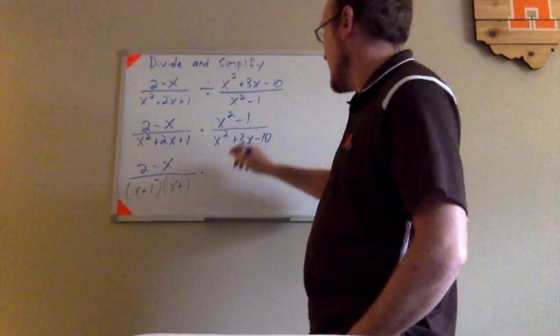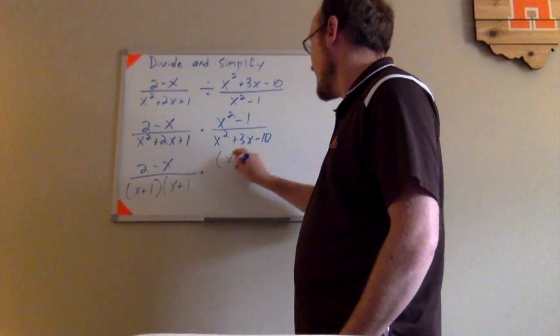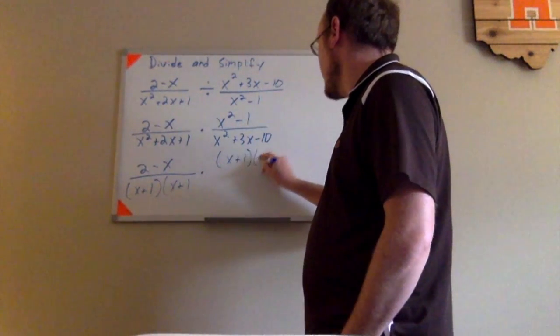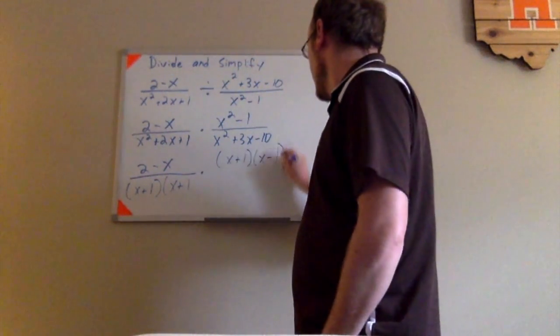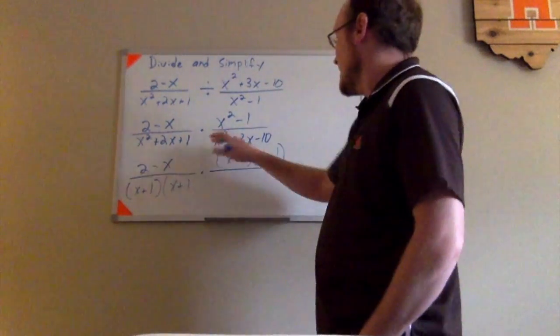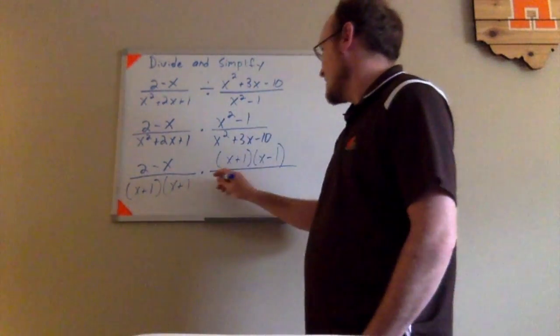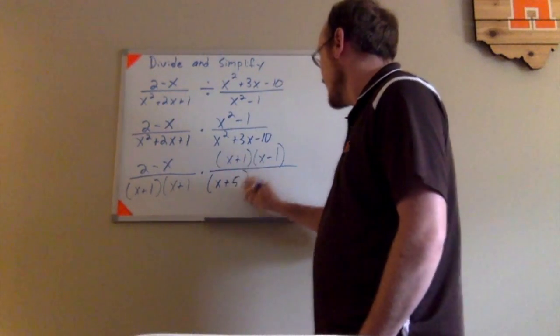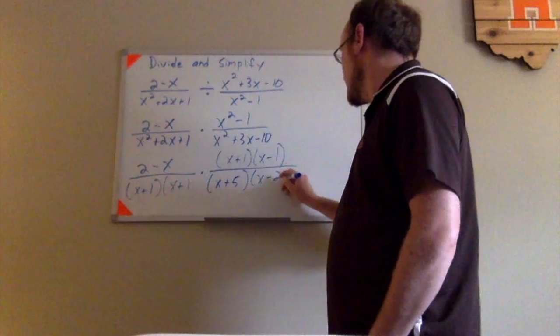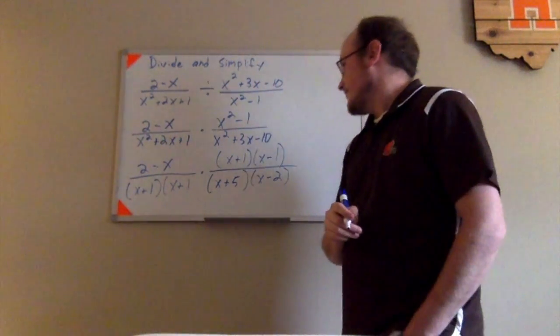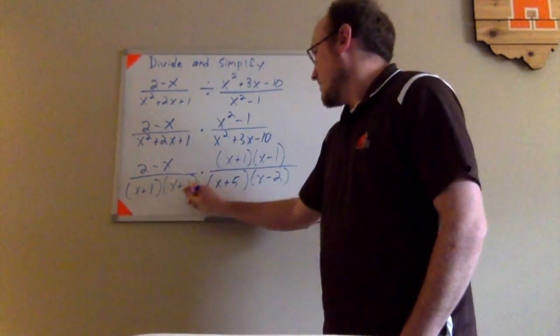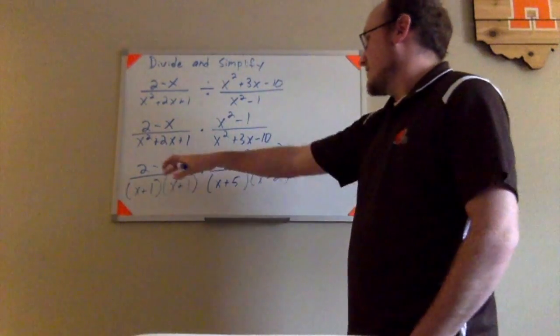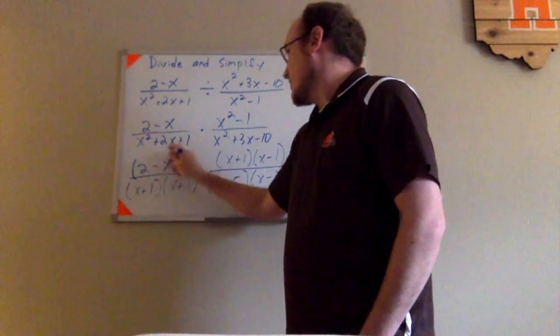Over here, this on top is a difference of squares, so it'll factor as (x plus 1) times (x minus 1). On the bottom, x squared plus 3x minus 10 will factor as (x plus 5) times (x minus 2), like that. I have to close my parenthesis there.